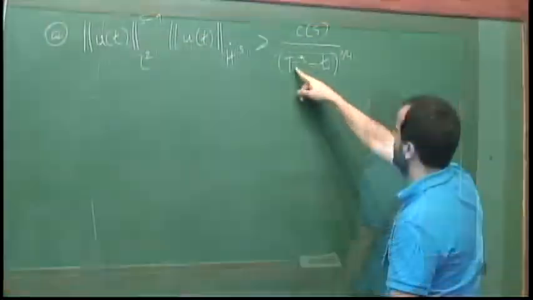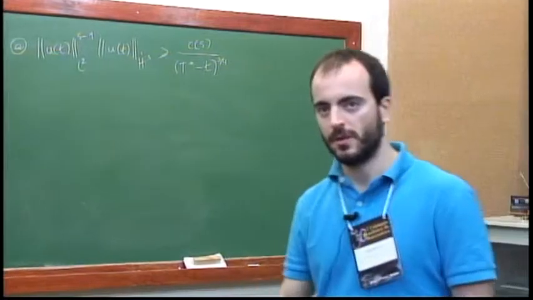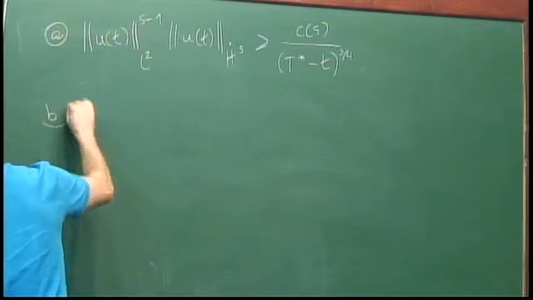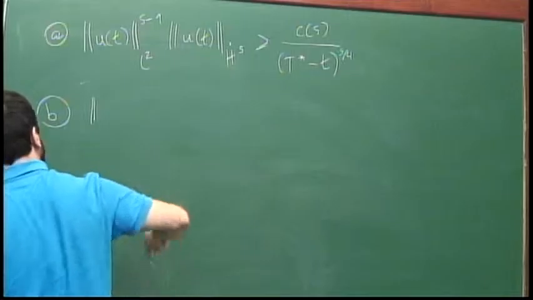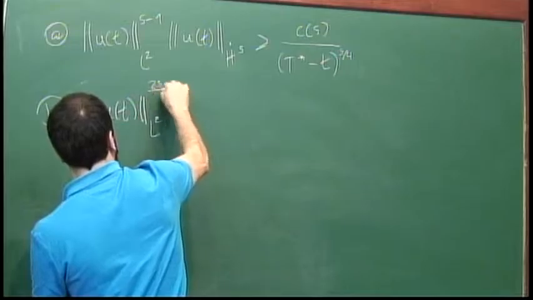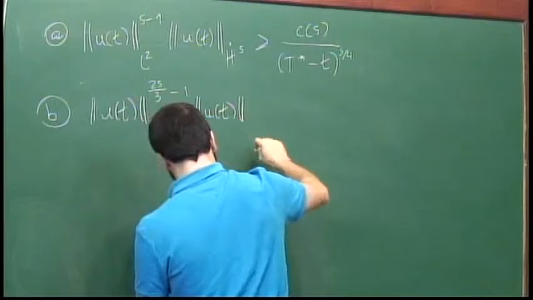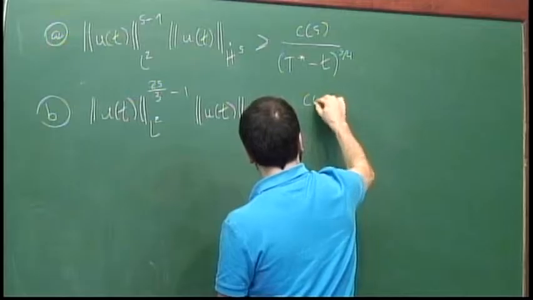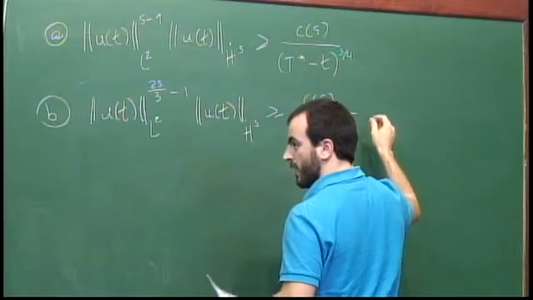Once t approaches T star, this is blowing up, so we get a quantitative inequality. And the second one is similar. If T star is finite, Benameur could show that the norm of U(t) in L2 to the power 2S over 3 minus 1 times the norm in H dot S is greater than C of S over T star minus t to the S over 3.